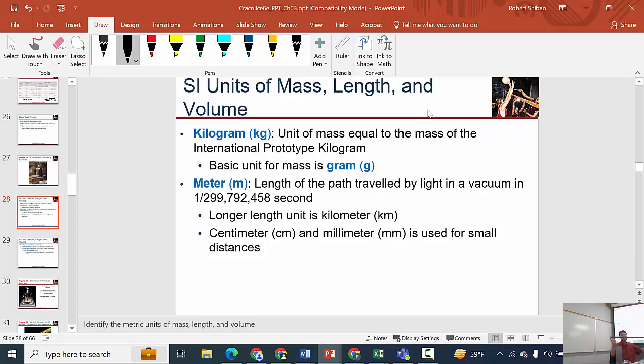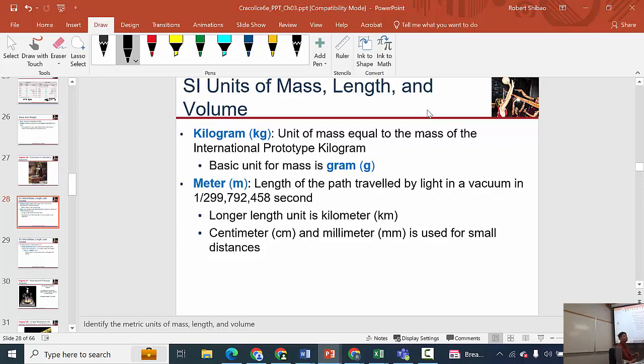Do they have a meter stick in France that's locked away in a vault with jars over it, probably from the 1700s or something? Do they? No. This is much more accessible. It's the length of the path traveled by light in a vacuum in this time frame. That's the meter.